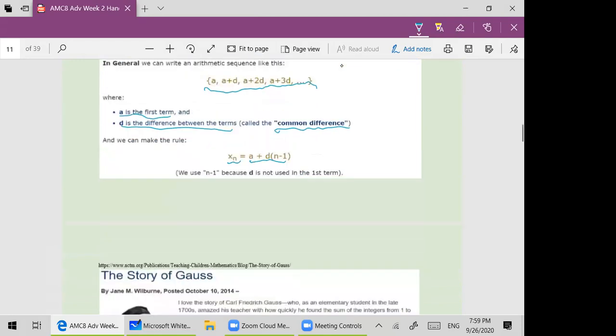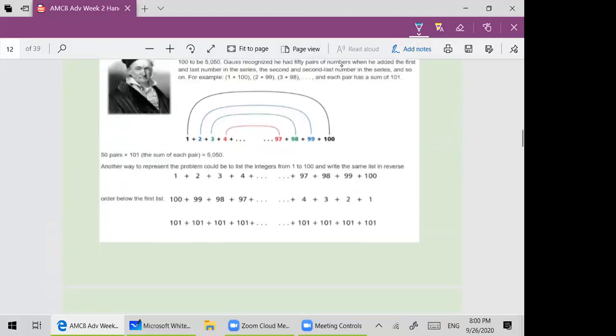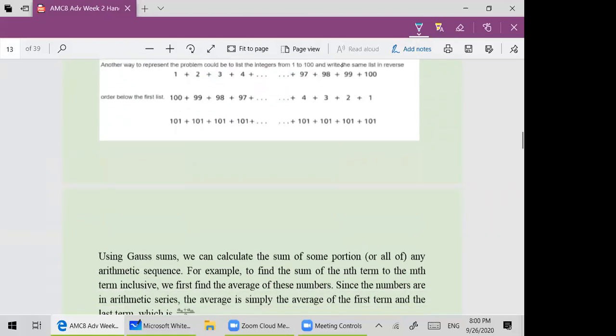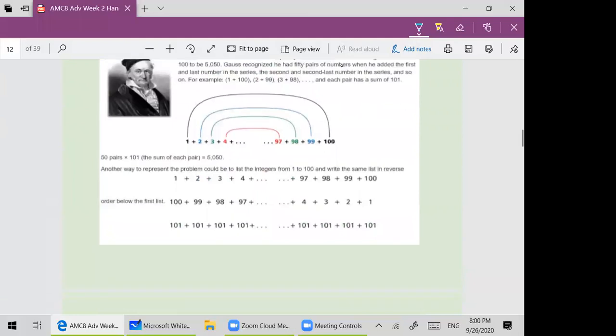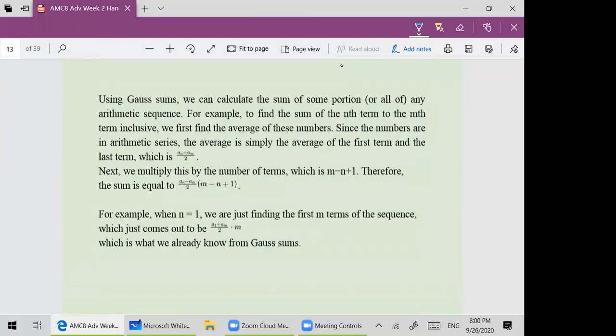So this story of Gauss is something that we went over last week, but it applies very well to arithmetic sequences. Using Gauss sums, we can calculate the sum of some portion of arithmetic sequences. For example, to find the sum of the nth to the mth term, including both terms, we first find the average of the terms.